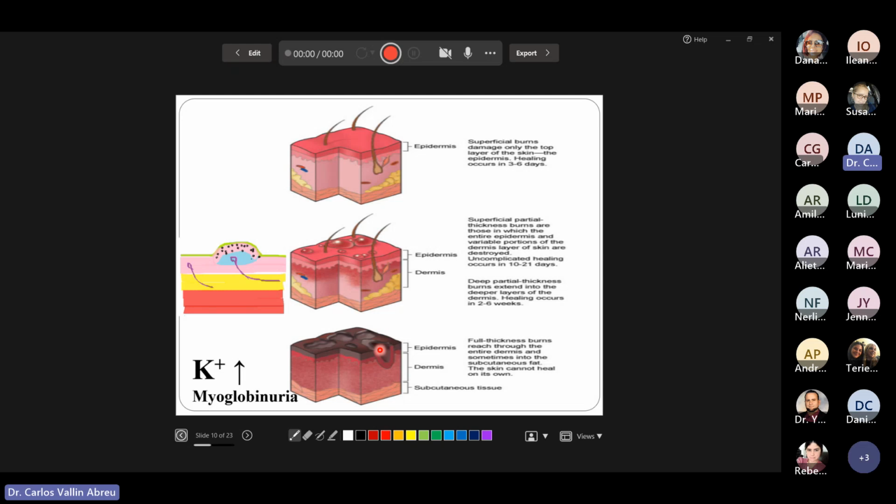Once the skin graft is done, it is kept with a bulky dressing. The two enemies of the skin graft are, one, edema, and second, movement. So the skin graft needs to be immobilized because movement will dislodge the cells from contact with the granulation tissue and they will never grow roots into the granulation tissue.